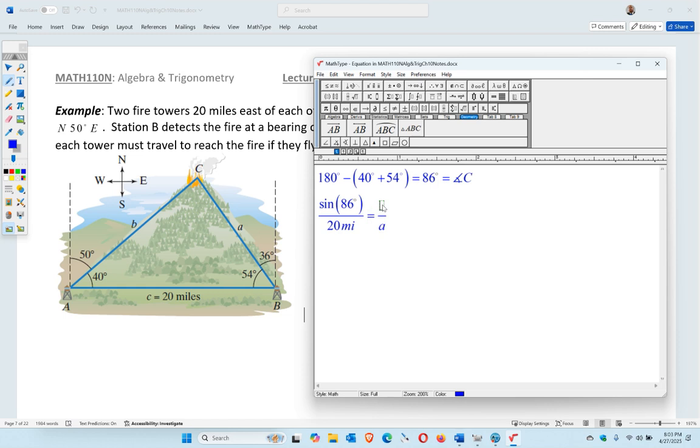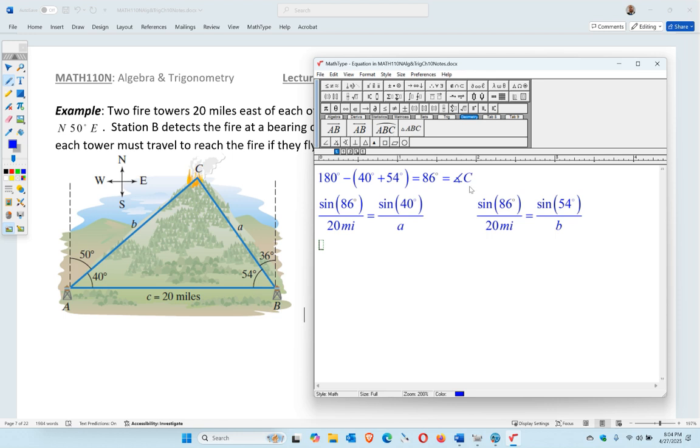So A is across from sine of 40. And we'll copy this and paste it over there. And side B is across from 54. So you do this twice and we'll get the two missing sides, which are the distances they are to the fire, basically.